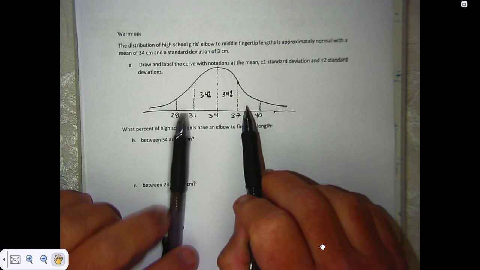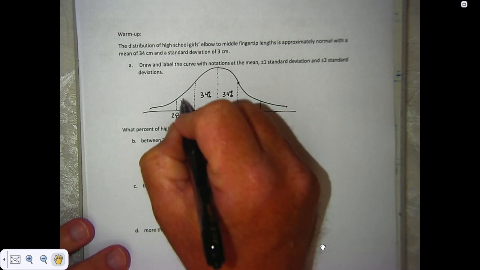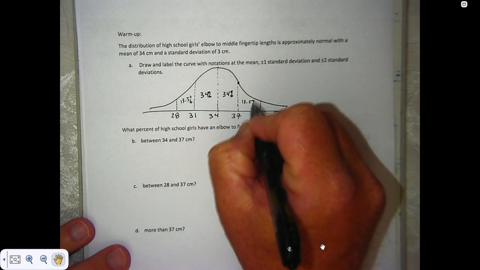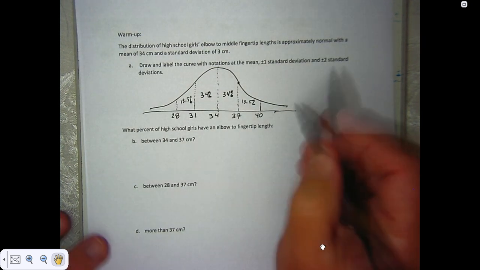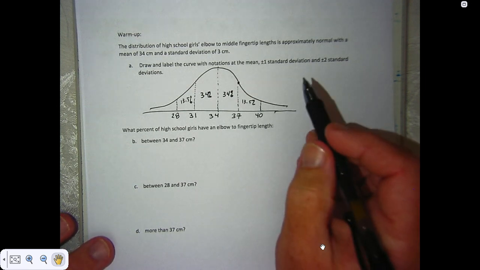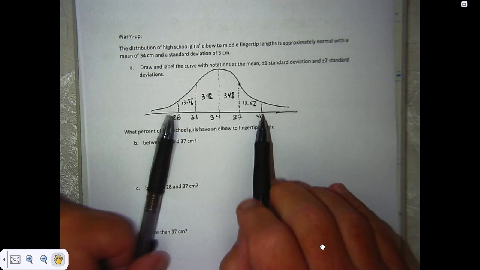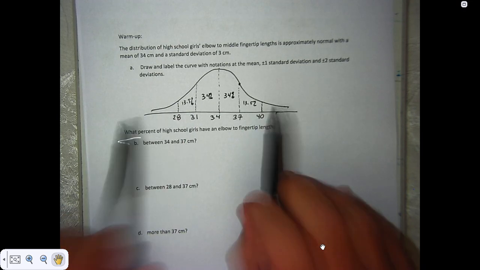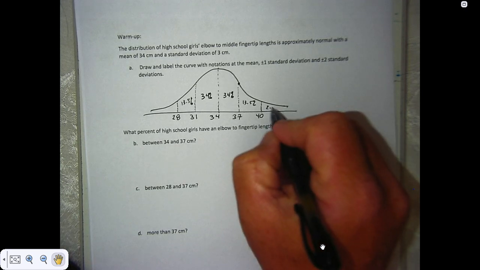And so these two split 27%. So that'll be 13.5% here and 13.5% here. And then what we have there is 95% between the two. So now it's 5% outside of that. 5% into two different tails is 2.5%.